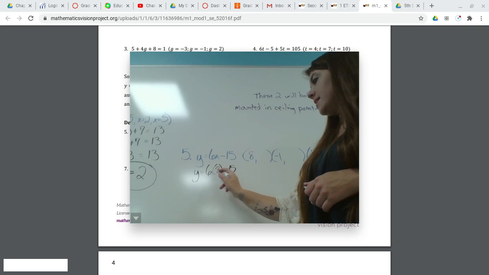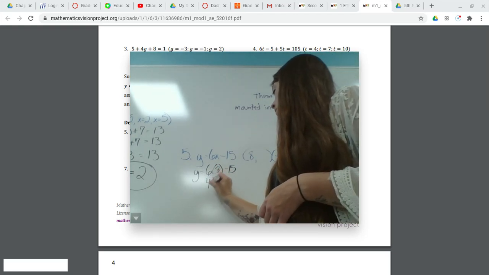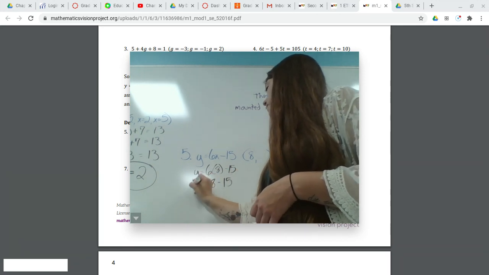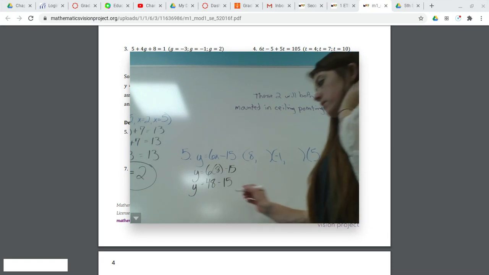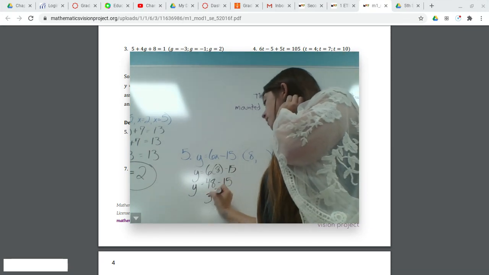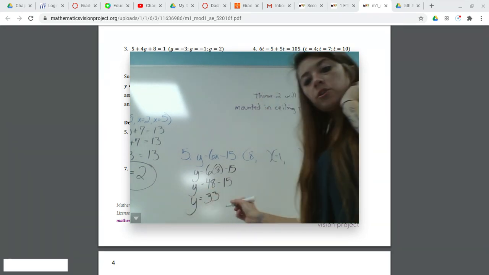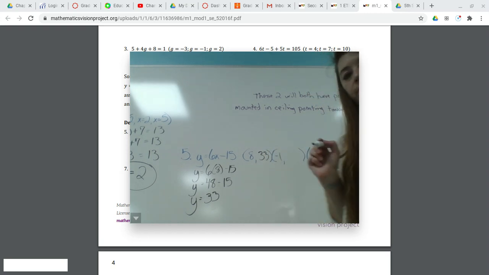Now we take that 6 times 8, which is 48, and subtract 15 from it. So 48 minus 15 is going to give us 33. So for the first one, our ordered pair is 8, 33.